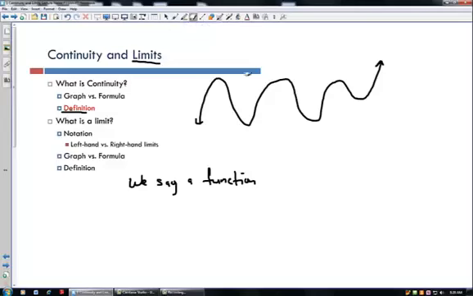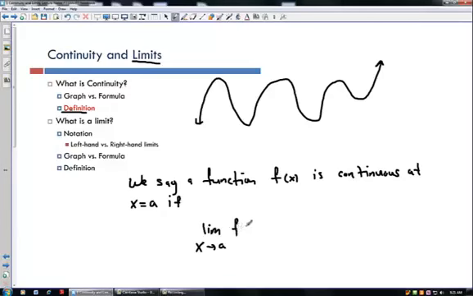We say a function f of x is continuous at x equal a if the limit as x approaches a of the function f of x is equal to f of a.